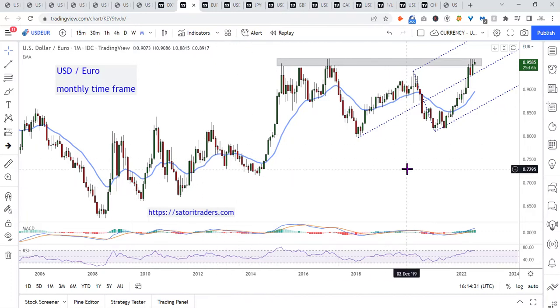If we talk about technical uptrends and technical downtrends, we could argue that the US dollar is in a technical uptrend relative to the euro.